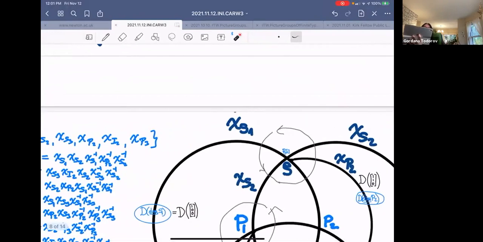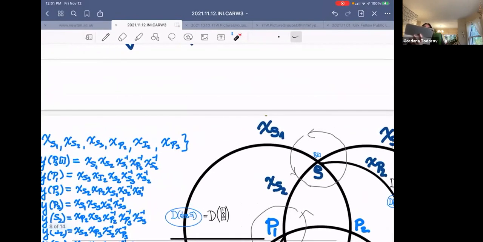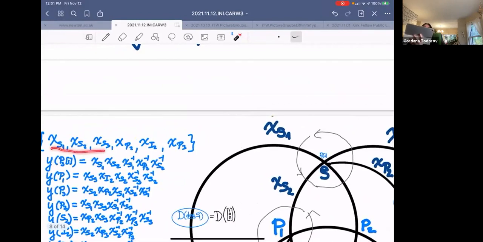So this y here, which corresponds to this row, so I chose an orientation, and then it goes xs1, then xs2. Now I'm going in the opposite orientation on ds1, so it goes xs1 inverse.